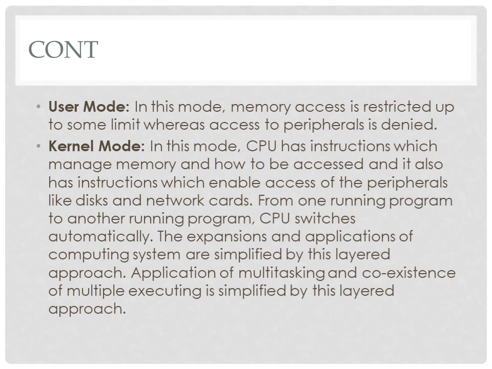From one running program to another, the CPU switches automatically. The expansion and application of computing systems, multitasking, and the coexistence of multiple executing programs are simplified by this layered approach.